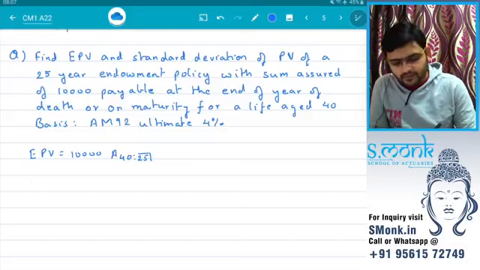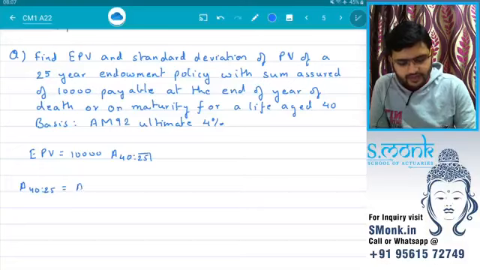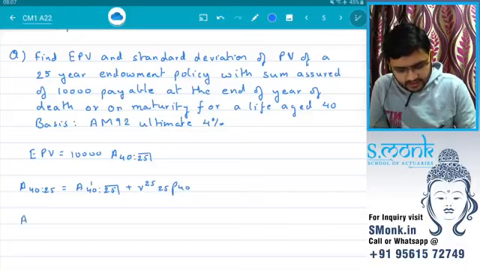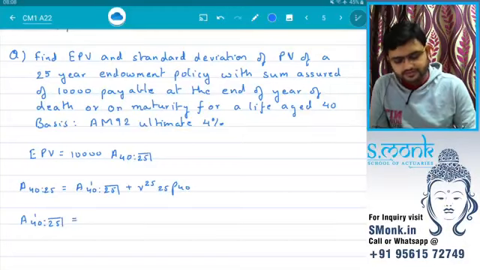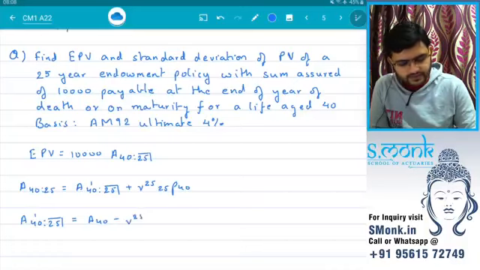A_{40:25} would be A^1_{40:25} plus v^25 _25p_40, and A^1_{40:25} is A_40 minus v^25 _25p_40 A_65.